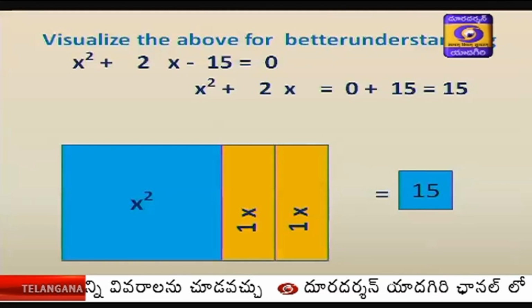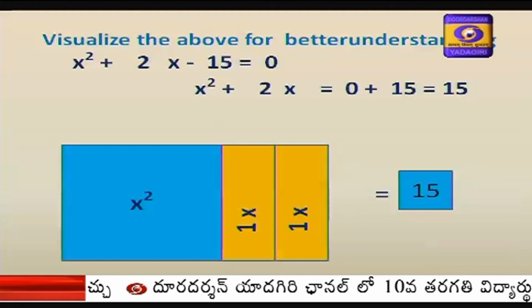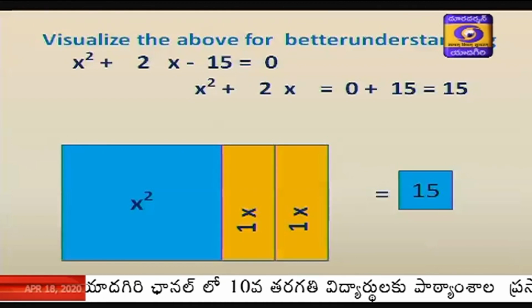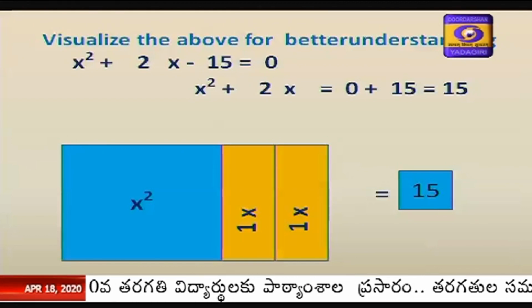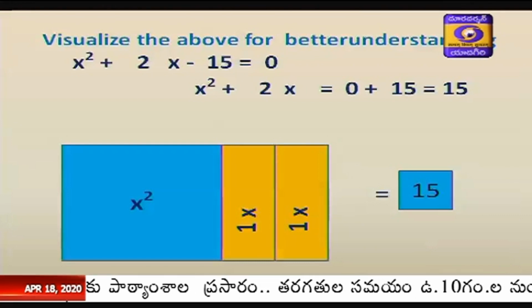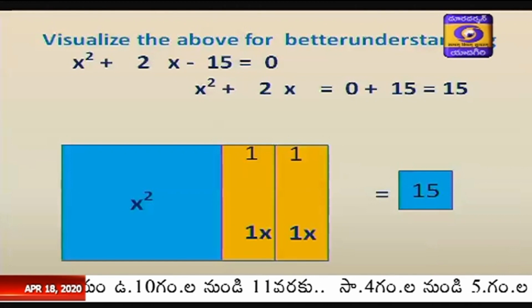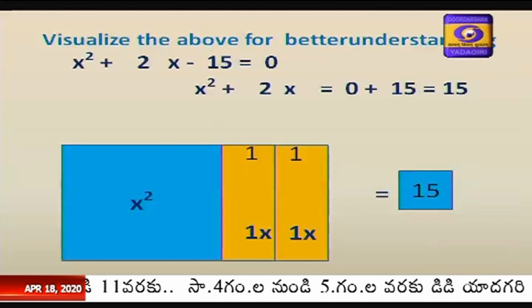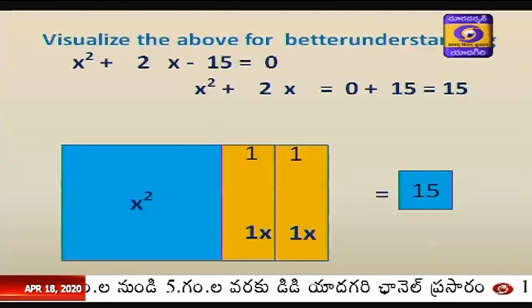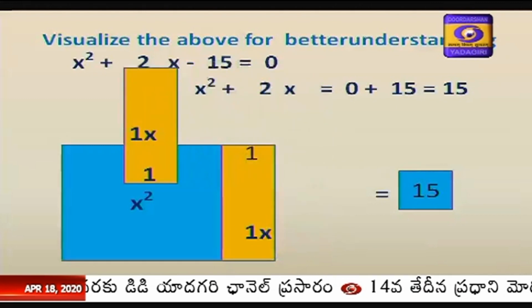Relate the algebraic expression with the figure. Algebraic expression x square plus 2 x on the left hand side figure, 15 on the right hand side. X square plus 2 x on the left hand side, I am making it half and sending it to the top to make it a square.